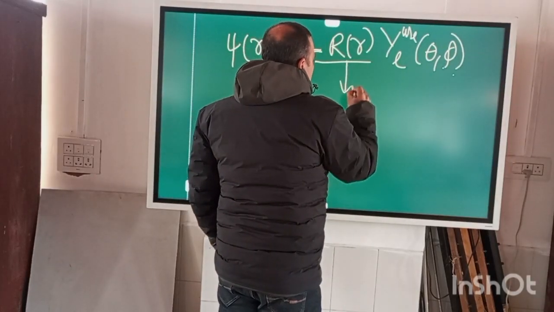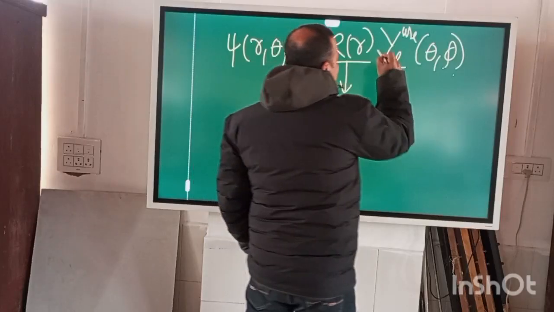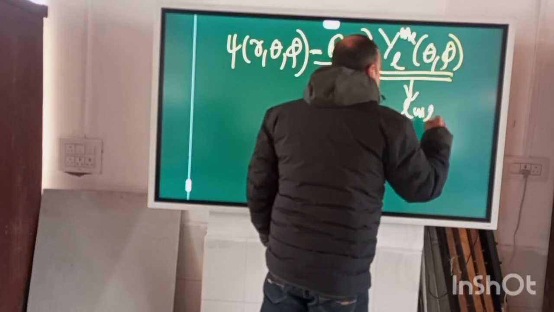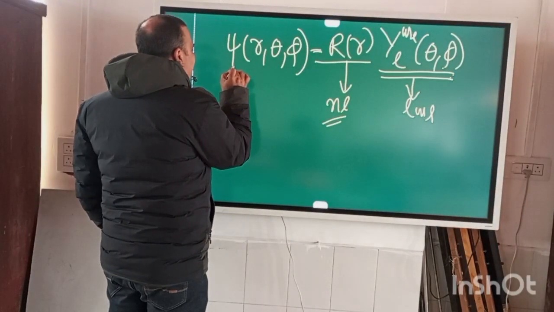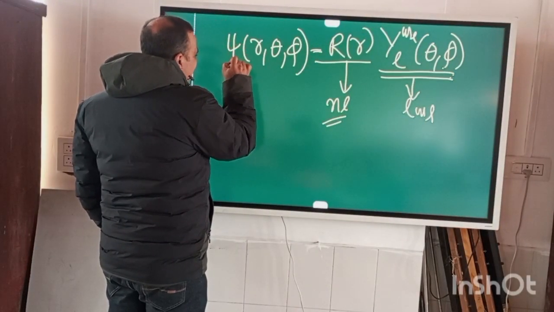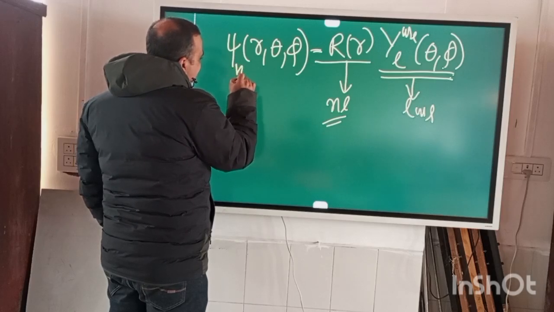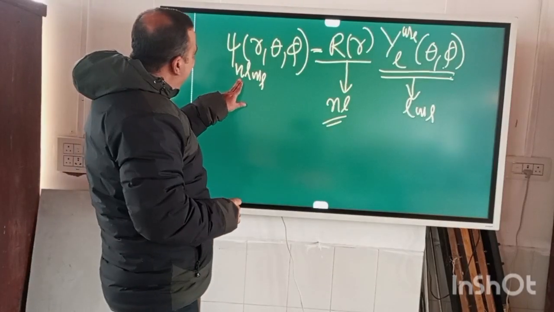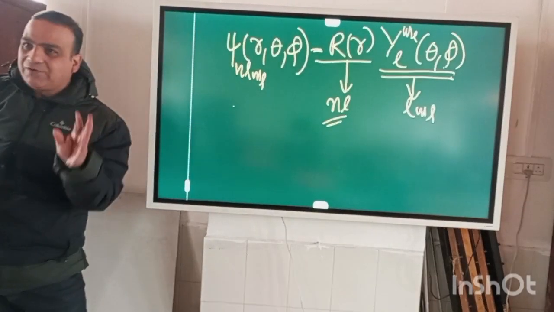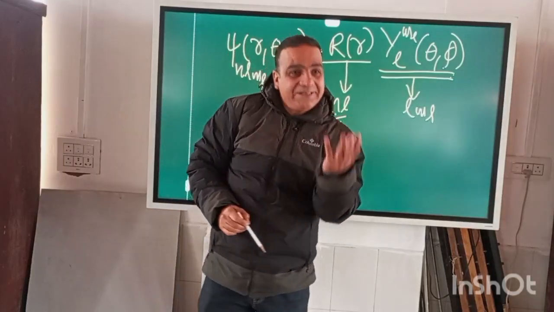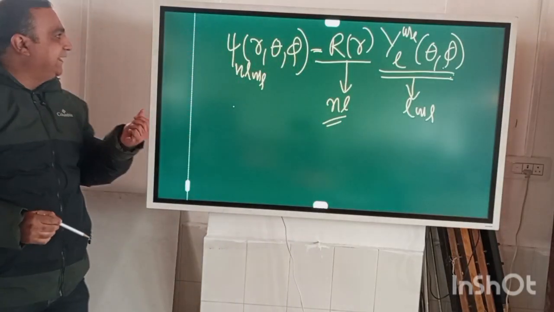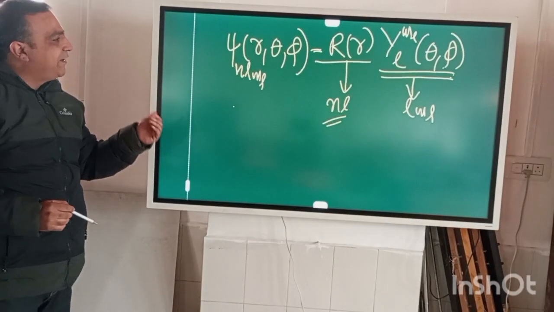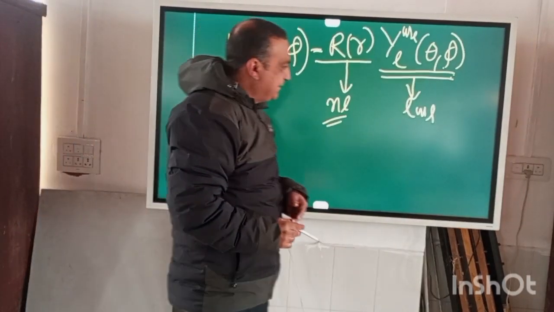So my wave function can have the subscript n, l, m_l. That gives you the representation of the physical parameters that you are able to calculate treating the hydrogen atom by virtue of the Schrodinger wave equation in spherical polar coordinates.